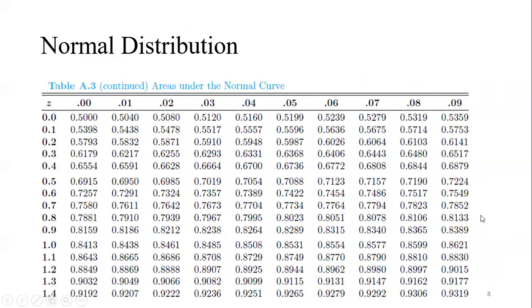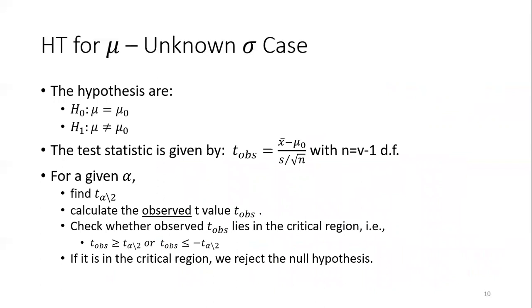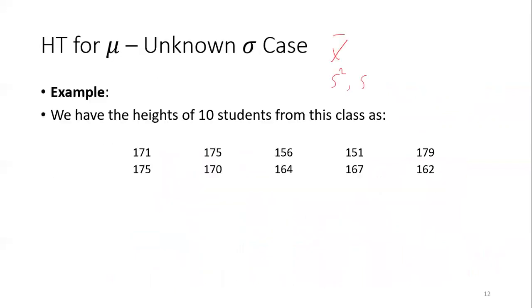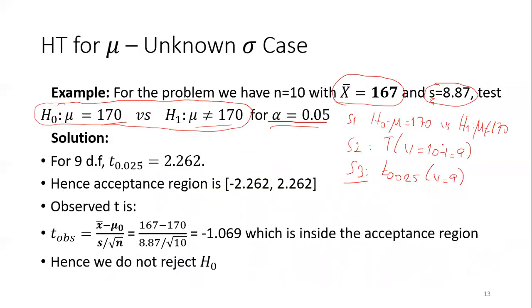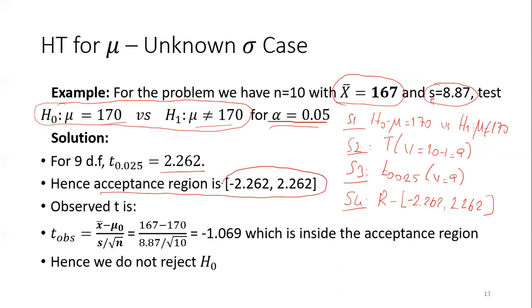So my rejection region is the real numbers minus the interval from minus 2.262 to 2.262. As I said, there is nothing called acceptance, but we may write an acceptance region, which is the region where you don't reject the null hypothesis.